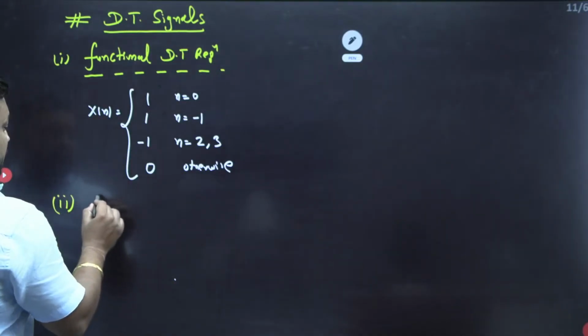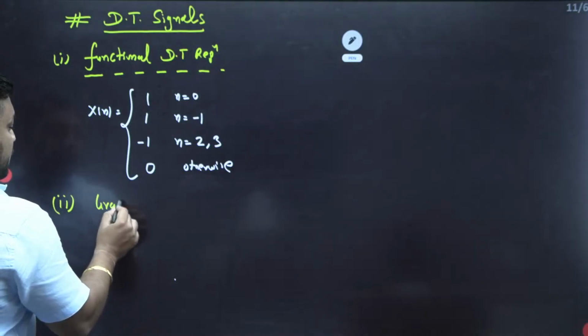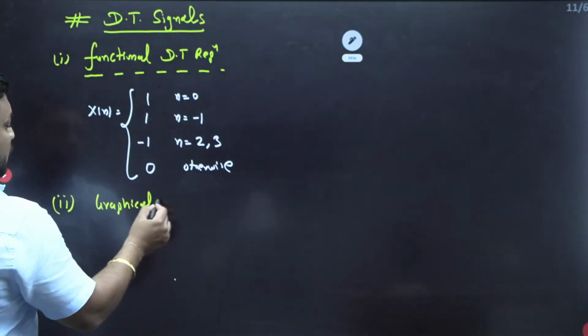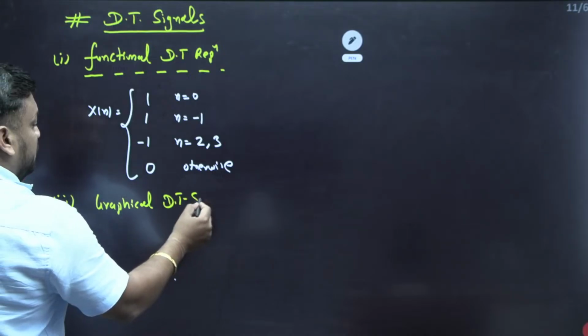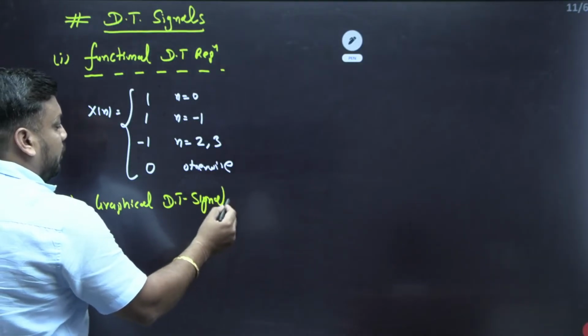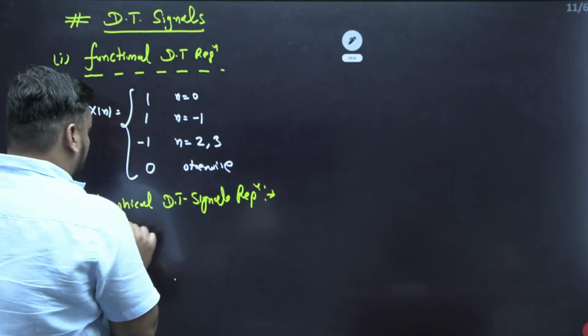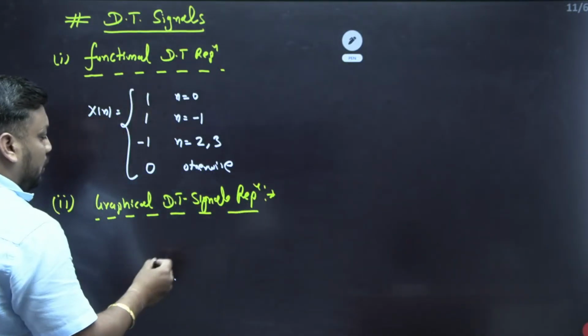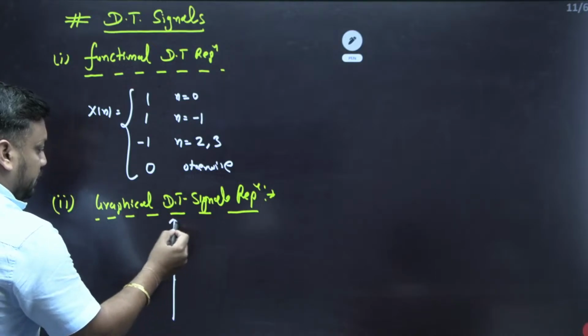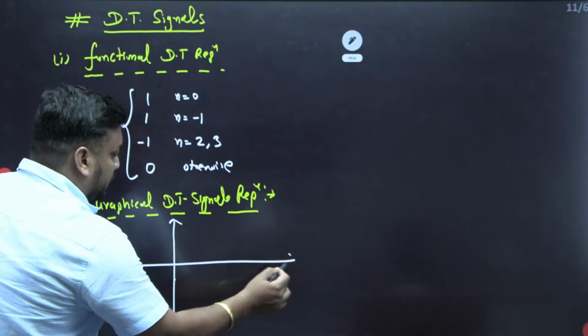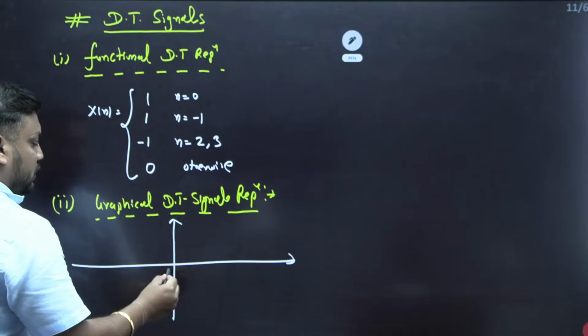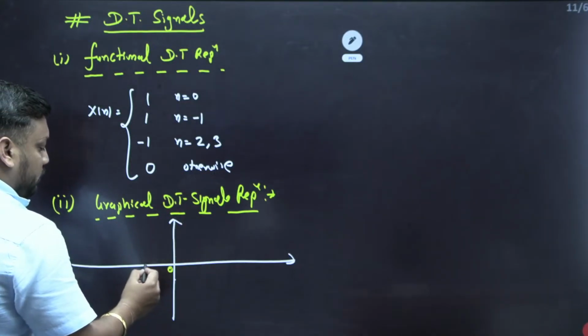The same signal I can also represent in a graphical way. So how can we graphically represent the same signal x of n? At n equal to 0, n equal to minus 1, n equal to 1, n equal to 2, and 3 here.